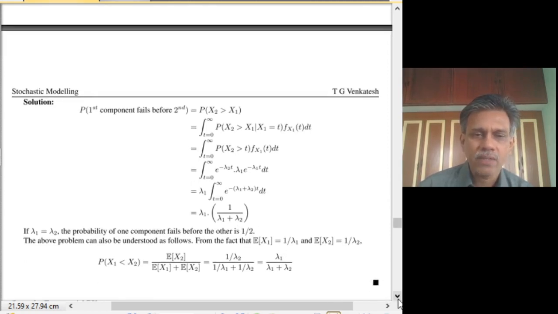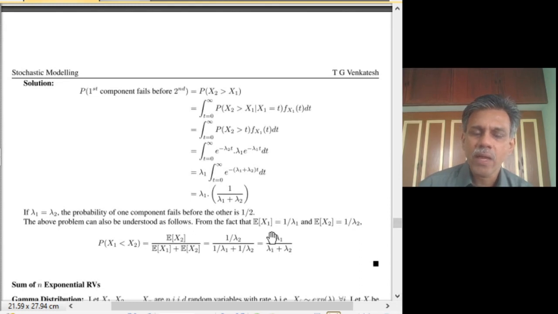We can also arrive at the same value by looking at the mean values of x1 and x2, which are 1 over lambda 1 and 1 over lambda 2, and the probability that x1 is less than x2 is that you find the ratio of the lifetime of x2 to the combined lifetime of x1 and x2.